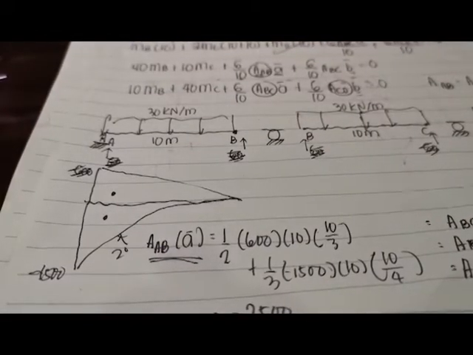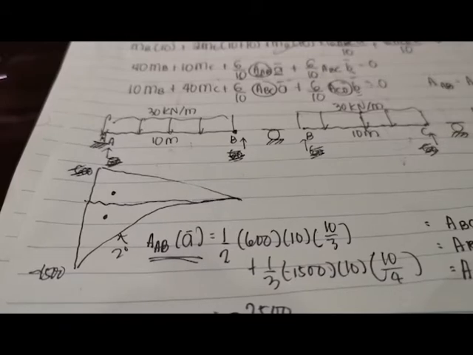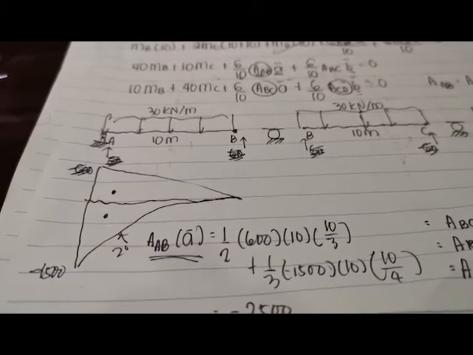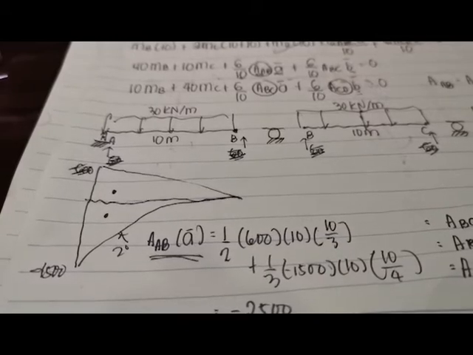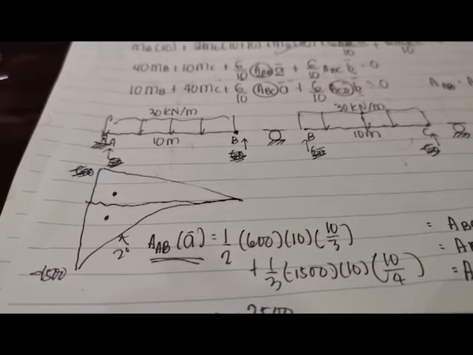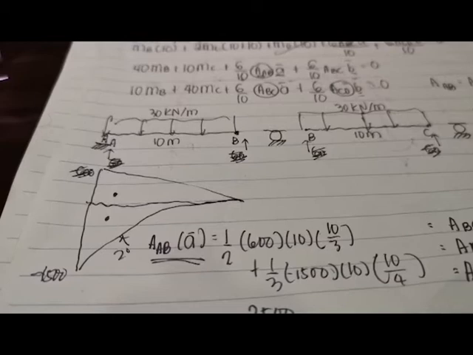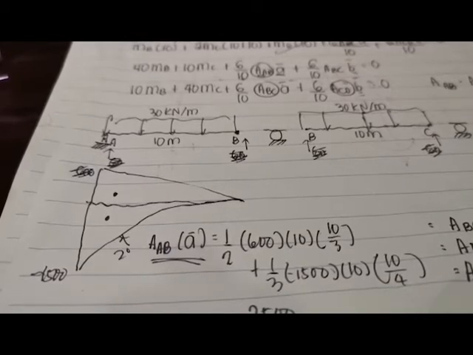So that is equal to 30 times 10 times 5.